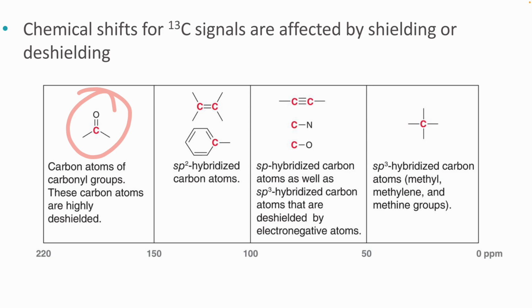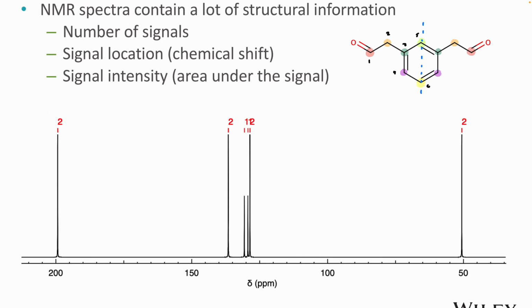Those are the ones that absorb on the far left portion of my spectrum. So I can uniquely say that yes, this corresponds to that red group, integration of 2. Likewise, the one on the other end of my spectrum is going to correspond to my alkyl carbons, right? So this would just be my orange group.